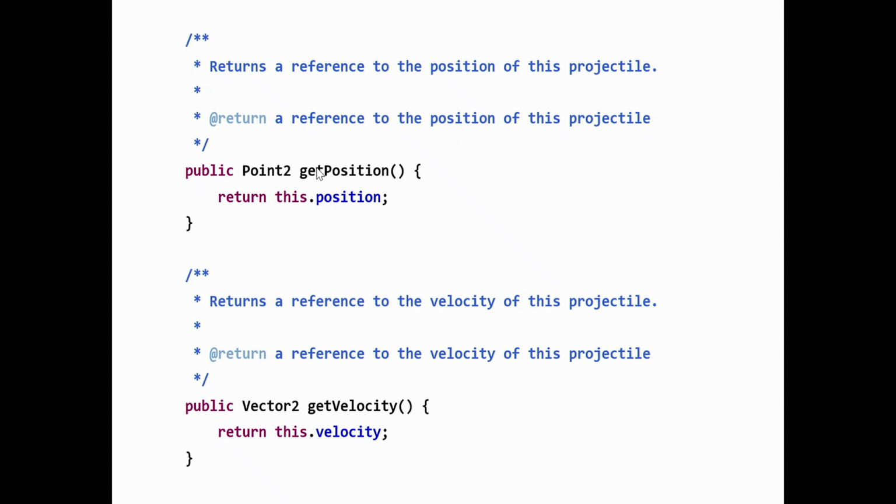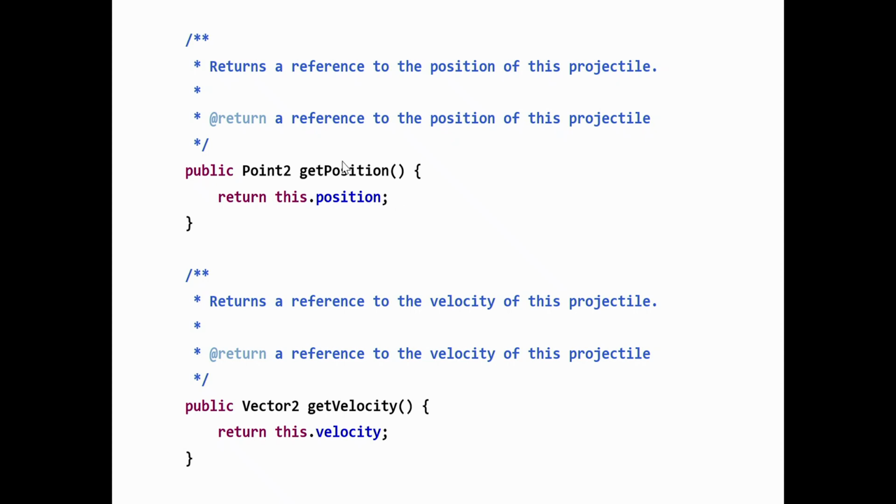There's a getPosition method. GetPosition just returns our field, this dot position. And getVelocity just returns the field, this dot velocity. So there's nothing new here in this example. If I asked you to implement a class and it had a primitive field and I asked you to return one of the fields, you would just return this dot blah.